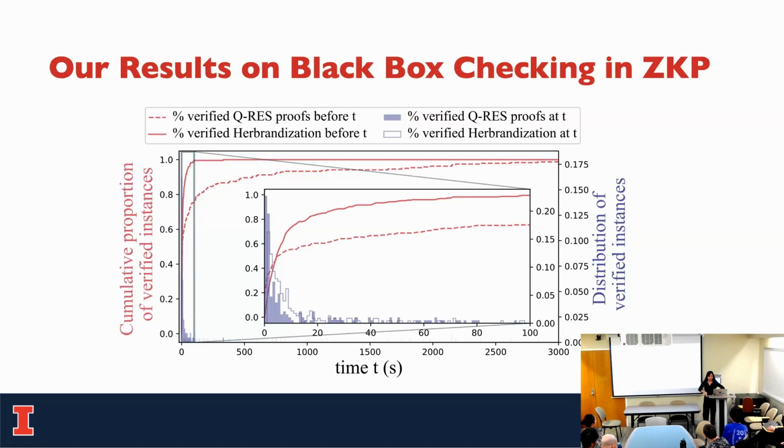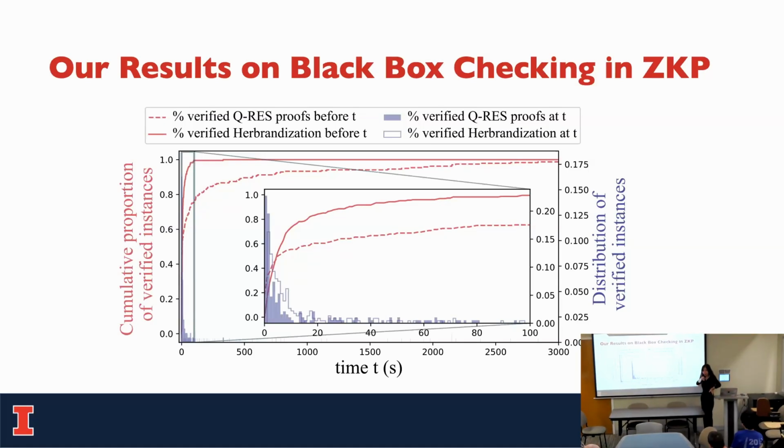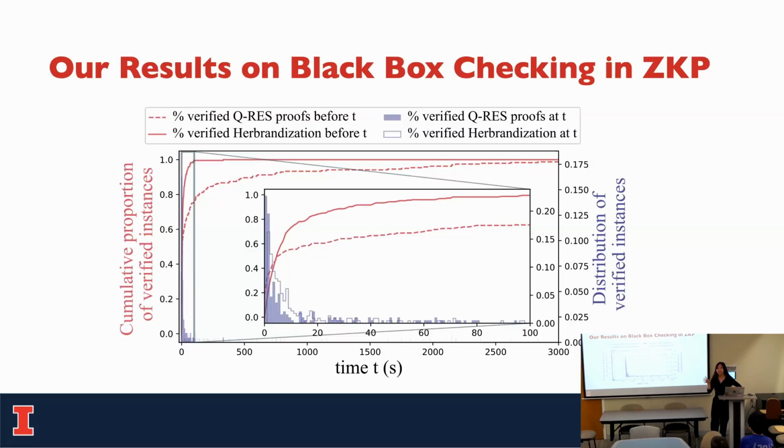And actually, we do have some preliminary results that use the sum check protocol and then use these commitment schemes. We find for many of these instances, for black box checking and also some other benchmarks, not just the benchmark for QBF formulas, but for real-world applications, the sum check-based protocol doesn't scale.